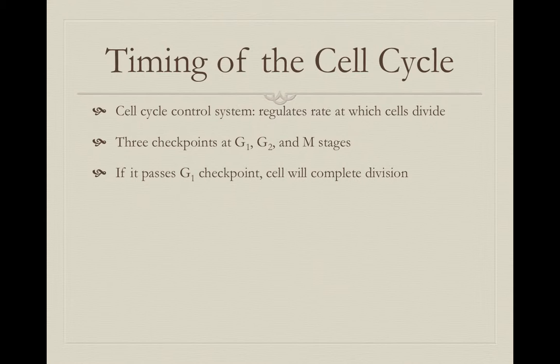If it does not pass that checkpoint, it will go to a G0 phase, where it basically just stops growing. There's no point in that cell anymore. The G2 and the M checkpoints are just growth checkpoints to make sure that everything is going smoothly and being created correctly. Again, if it passes the G1 checkpoint, it's most likely going to continue and complete cell division. So that is meiosis, guys.